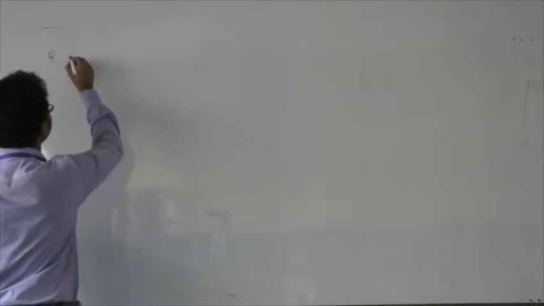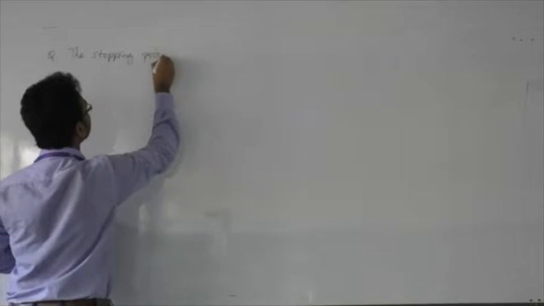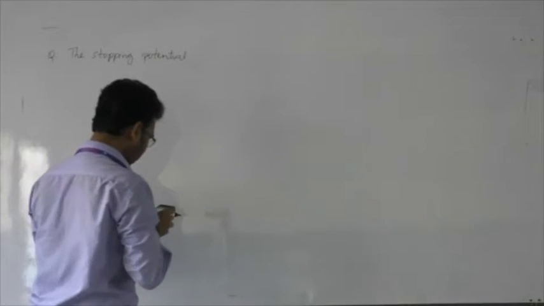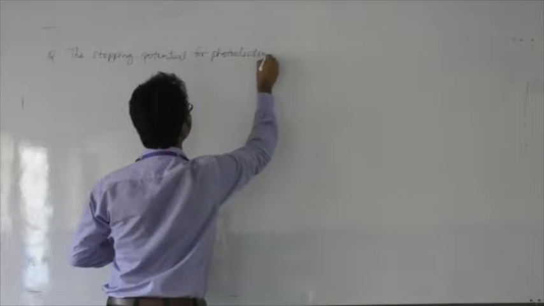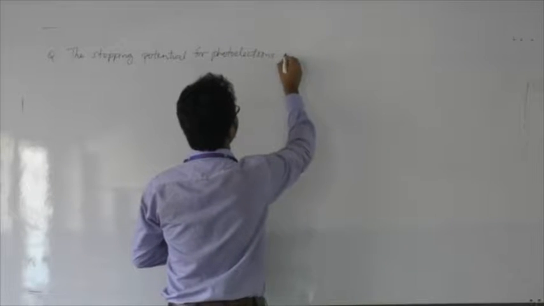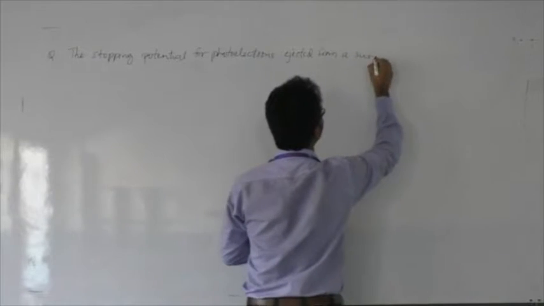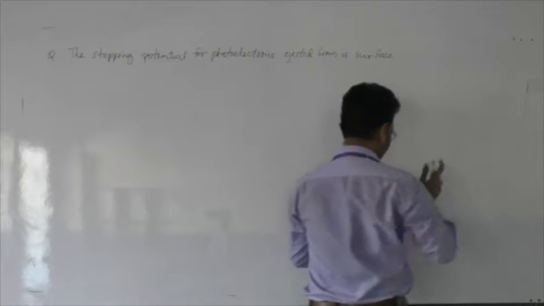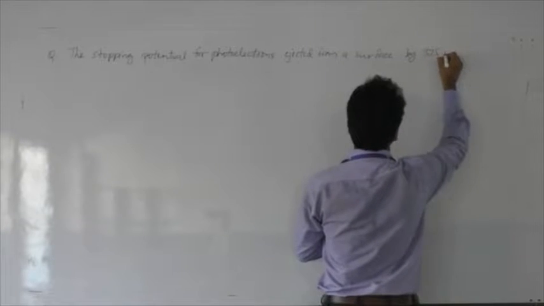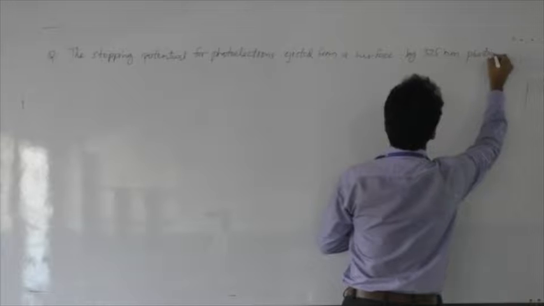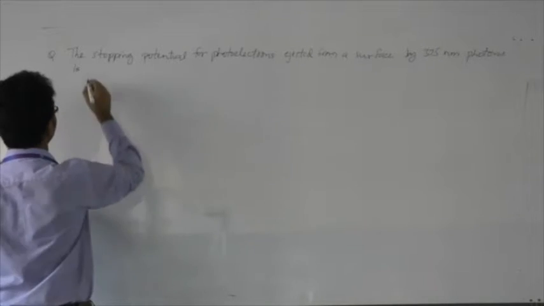The stopping potential for photoelectrons ejected from a surface by 375 nanometer photons is 1.87 volts.